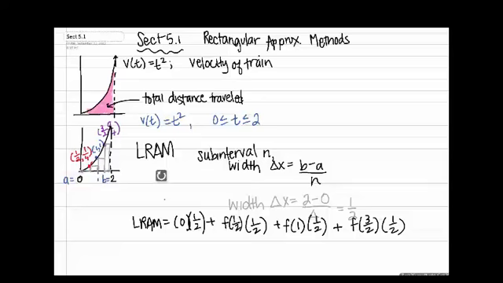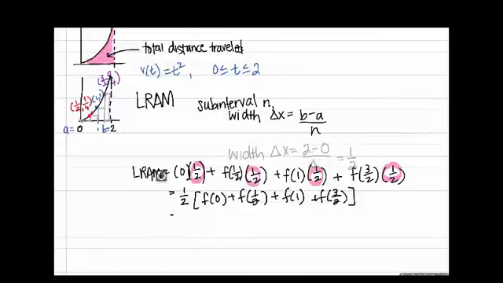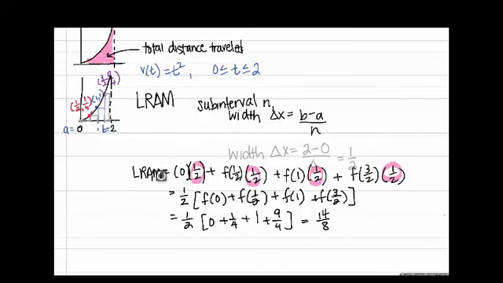So I hope you can see that you have the 1/2 everywhere. There's 1/2 in every single one of these terms, because that's our width. So I could actually factor that out and leave myself with basically f of 0 plus f of 1/2 plus f of 1 plus f of 3/2. If you plug in all these numbers and add them up, you should end up nicely with 14 over 8 with a common denominator. Okay, so that's the left-hand approximation method.